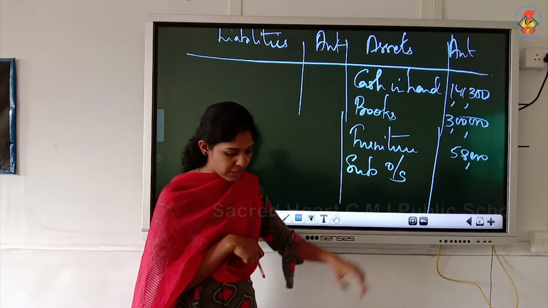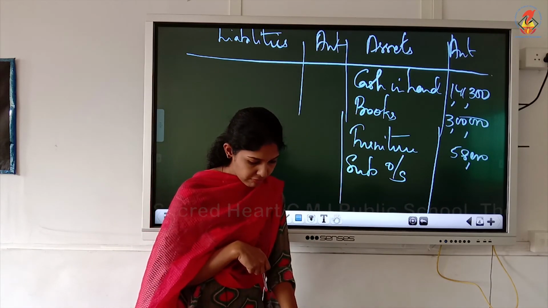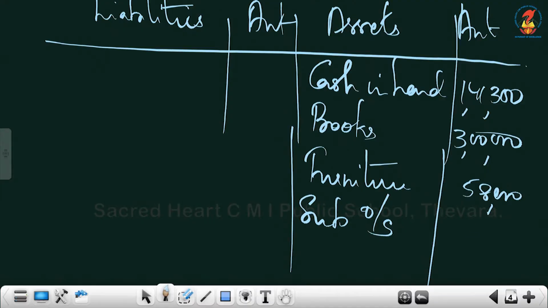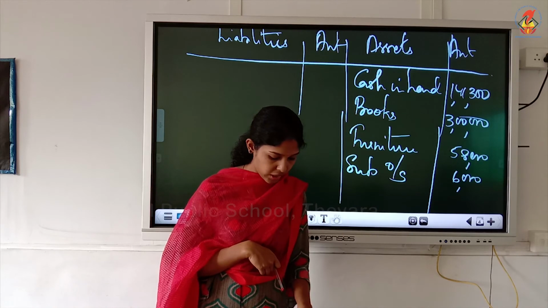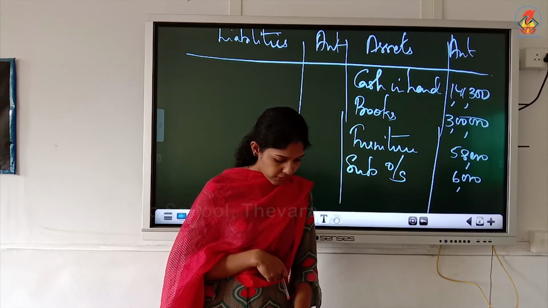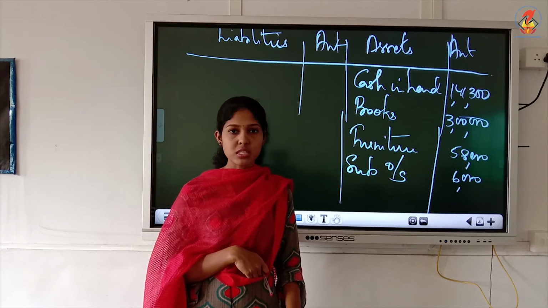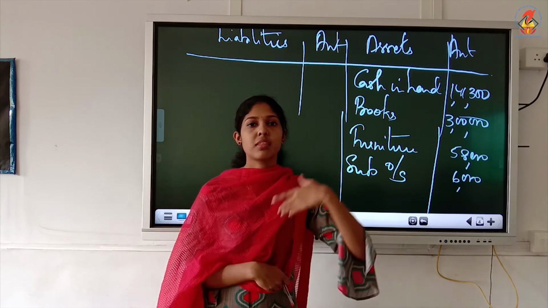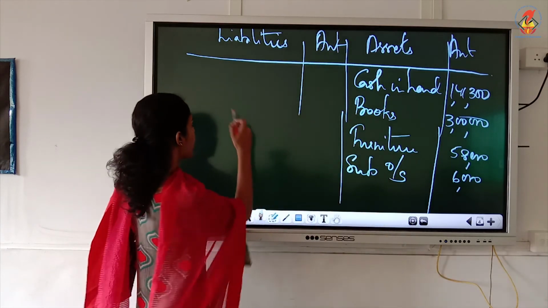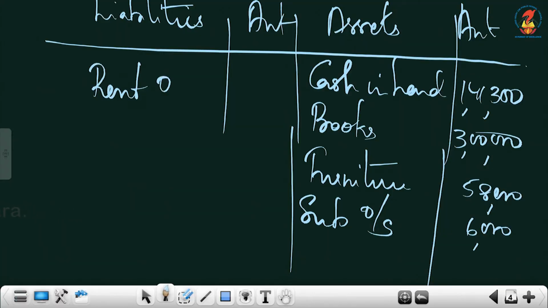This is a receivable amount. The opening figure we will take is 6,000. We are just moving in the order of adjustments given there. Then the next one is rent outstanding in the beginning, 18,000. Rent outstanding means that is payable, which should come on the liability side. The opening figure 18,000 we will write.